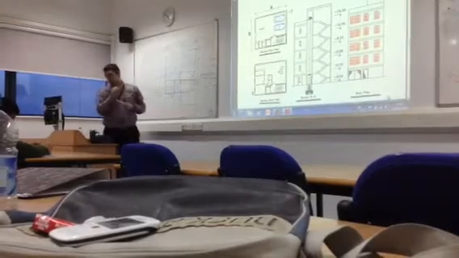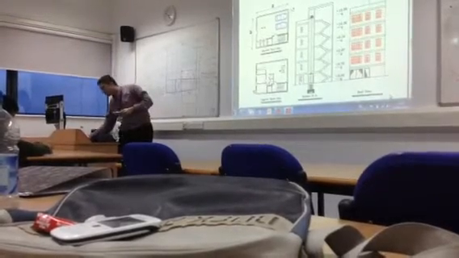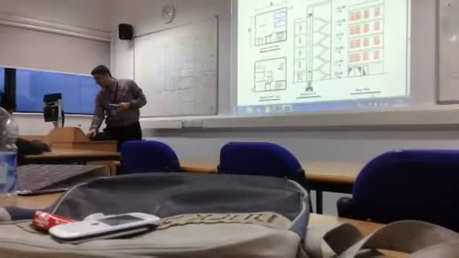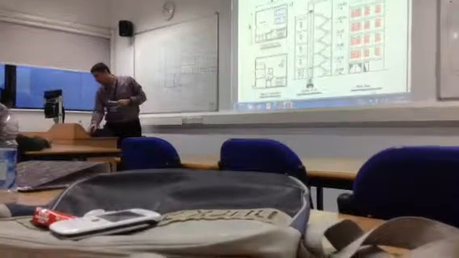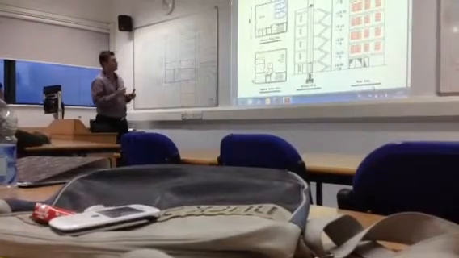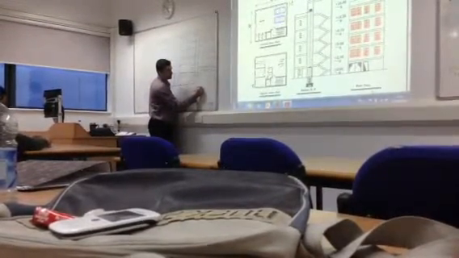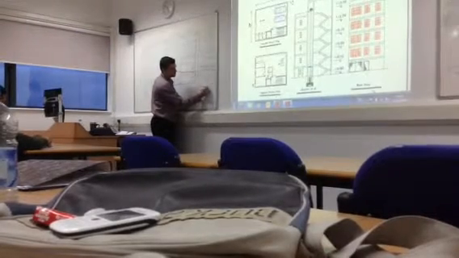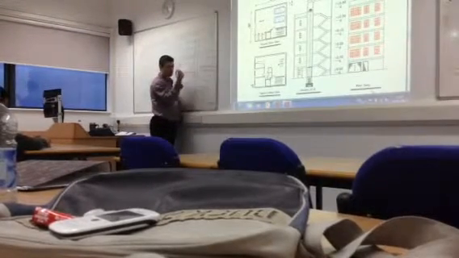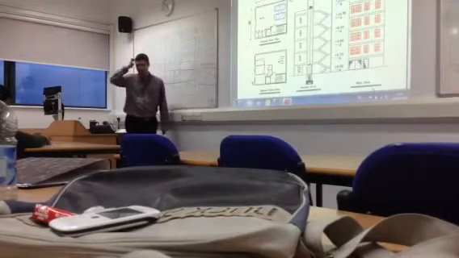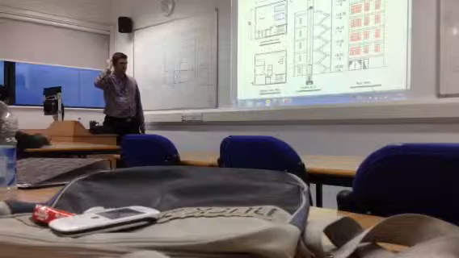So we assume that our external walls have got, let's say, 5 kilonewton per meter square elevation load.